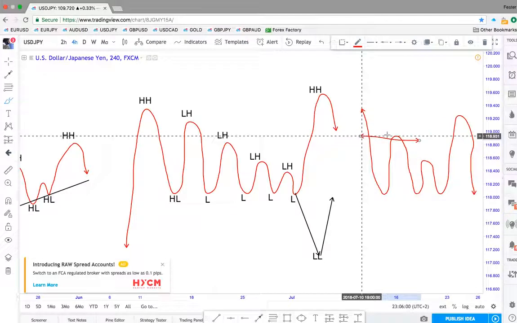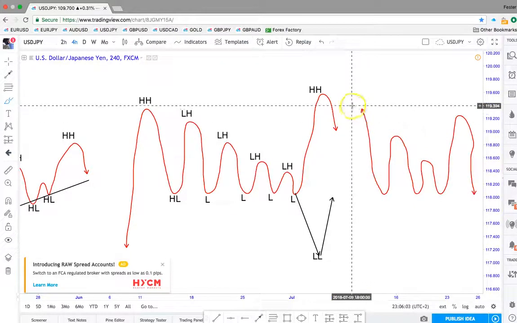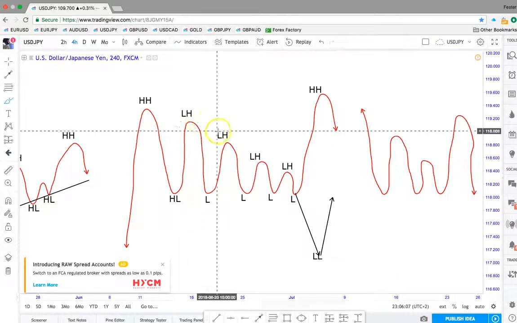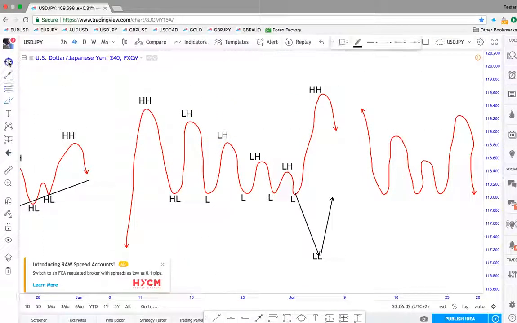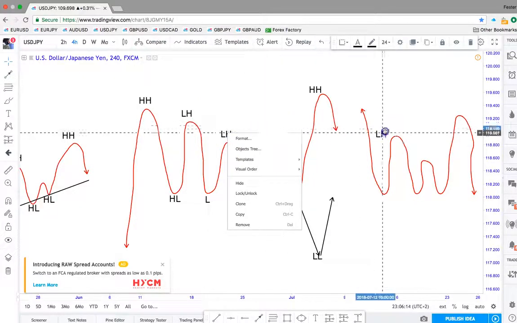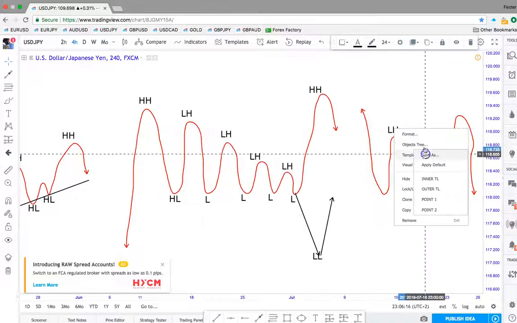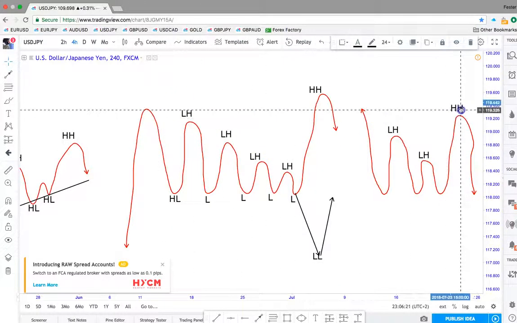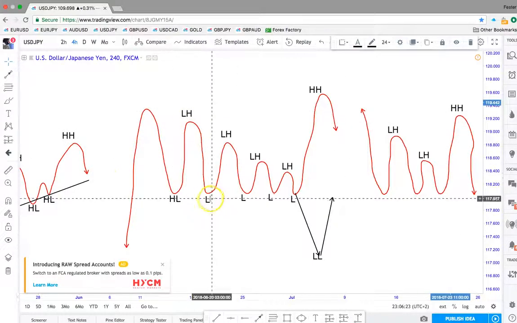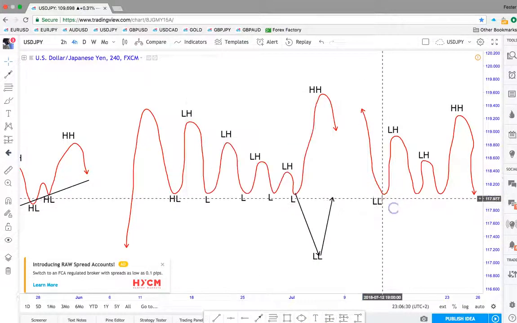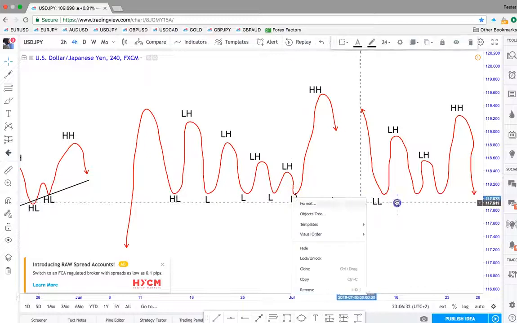So this would then be, what am I doing here? Sorry, guys. So this would be a lower high, a lower high, a higher high. This would be a lower low, followed by more lows.